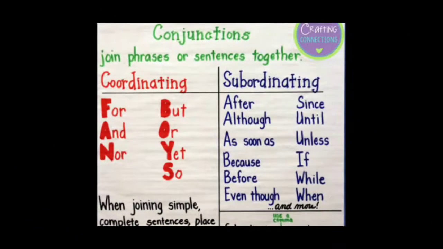So children, already we know that conjunctions are divided into three types: coordinating conjunction, subordinating conjunction, and another one is correlative conjunction. These are the conjunctions used to join phrases or sentences together.